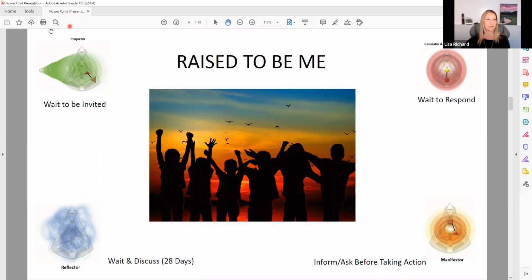I want to start with those projectors. If you take a look at that energy around a projector, it is literally like a tractor beam focusing in on the object in front of it, the people in front of it, and it is pulling all that energy back into self.